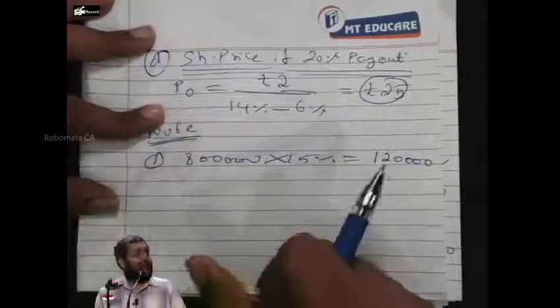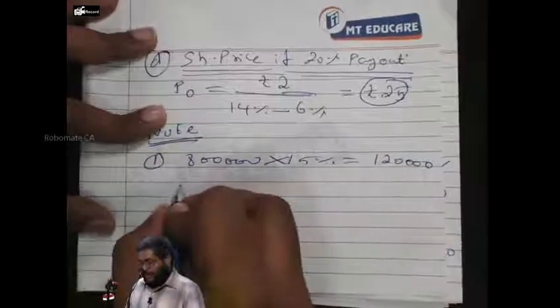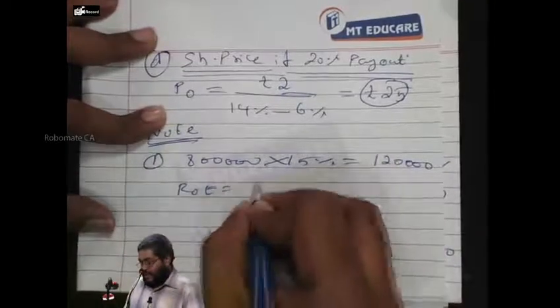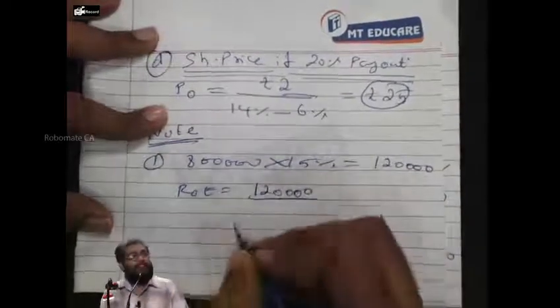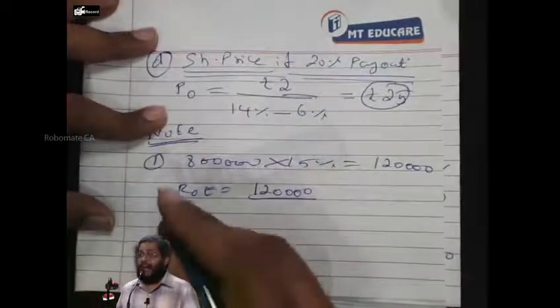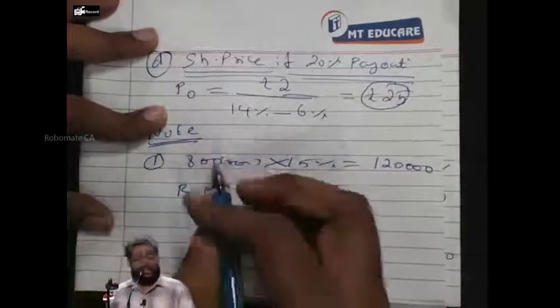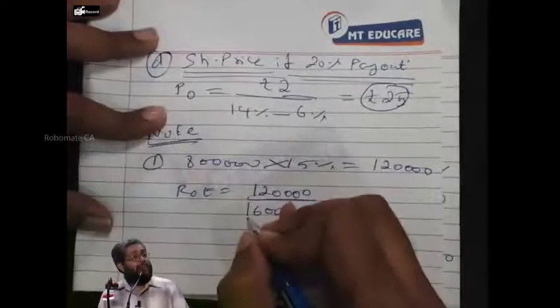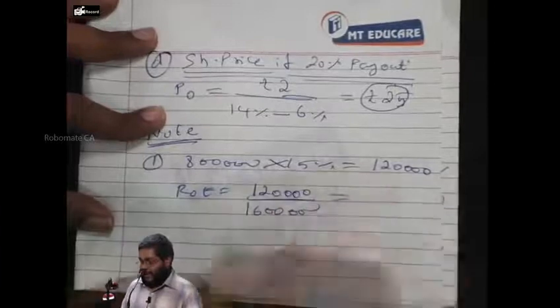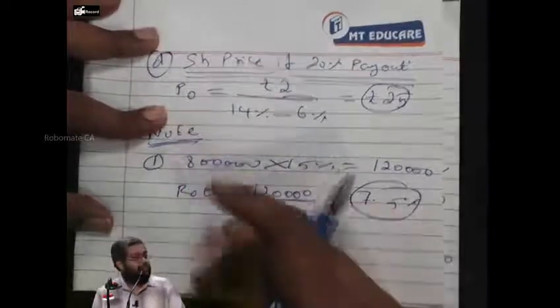Now, next is return on equity. This 1,20,000 rupees I am earning, and how much investment? 16 lakhs, because the money with me is not 8 lakhs. I keep your money worth 16 lakhs and earn for you 1,20,000. That means the return on equity is how much percentage? 7.5%. Respond. Are you following or not? Yes, sir.